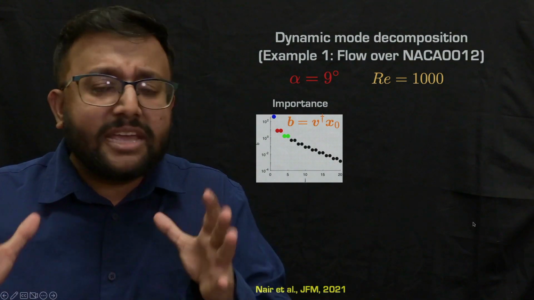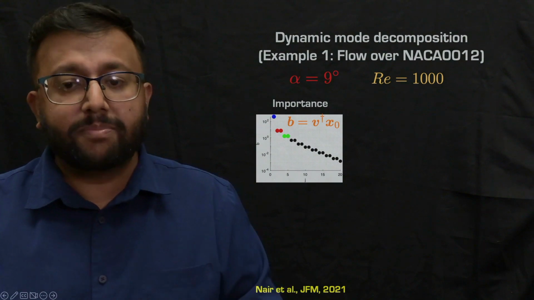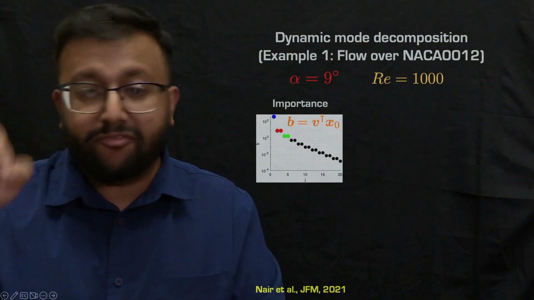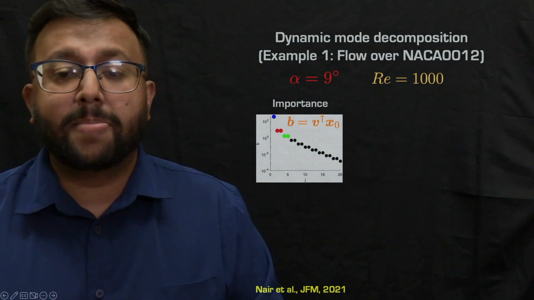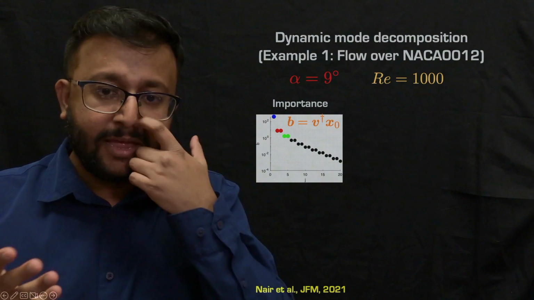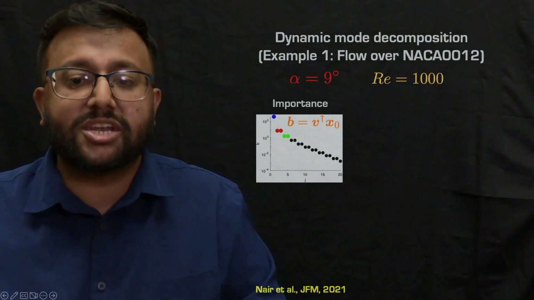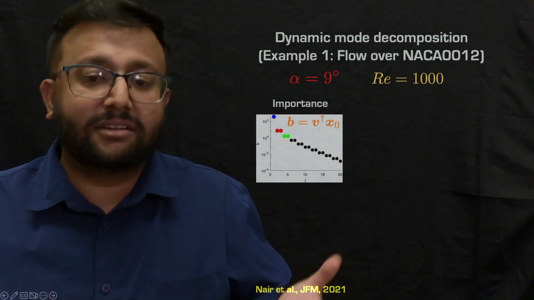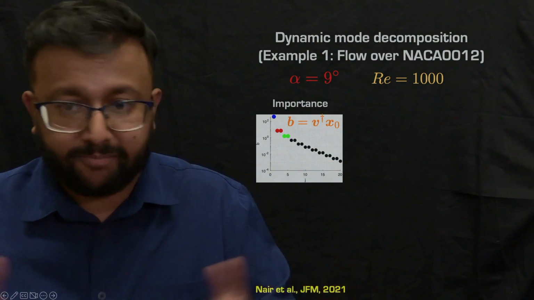This is a very simple operation that you can perform. You can take the eigenvectors or the DMD modes, the V's that we obtained, and multiply them with one realization of the flow. I'm going to choose this realization to be the initial snapshot in the stacked data matrix X, which is X0.